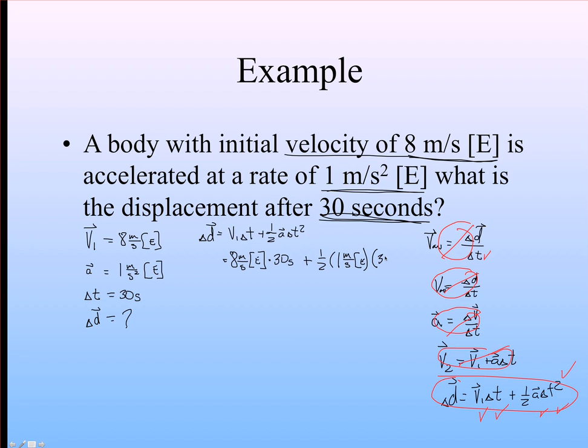This first part works out to 240 meters east. 30 squared is 900, times 1 is still 900, times 1/2 is going to be 450 meters east, for a total of 690 meters east as our displacement.